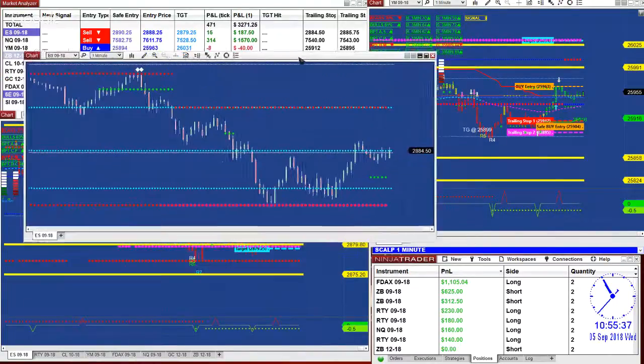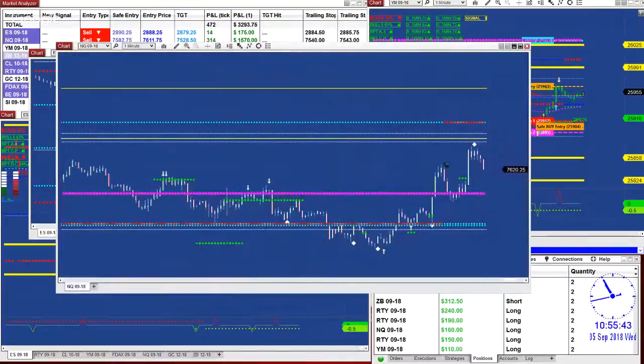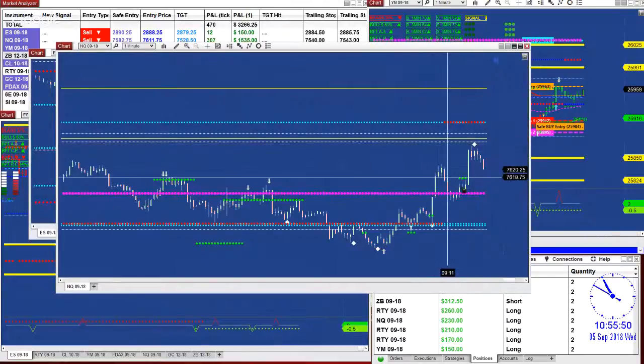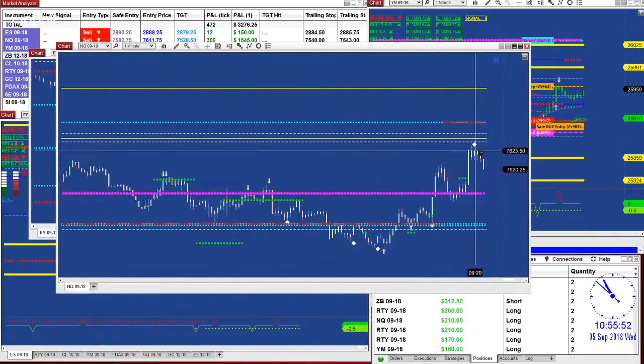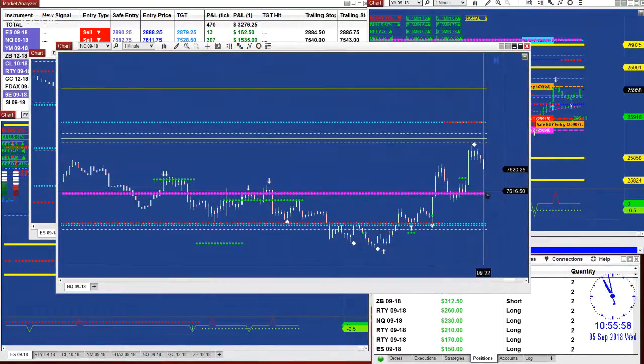As an example, the ES. The Nasdaq is beautiful. The Nasdaq did exactly what we were expecting: pullback, re-entry, reversal, and the destination on that Nasdaq is still right here at 1650.